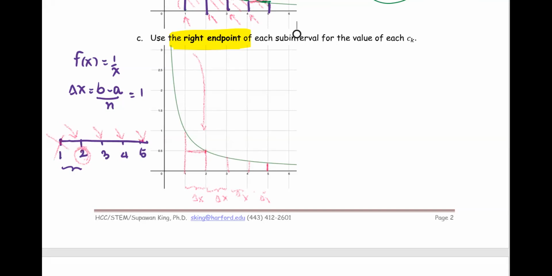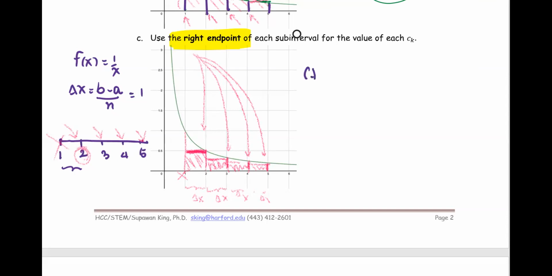So we're gonna use that to represent the height of that bar. So that's the area that we're gonna use from the first interval. And the next is gonna be another right end function value, and another right end function value. So each bar you take the right end. So that's why the first one is not used.